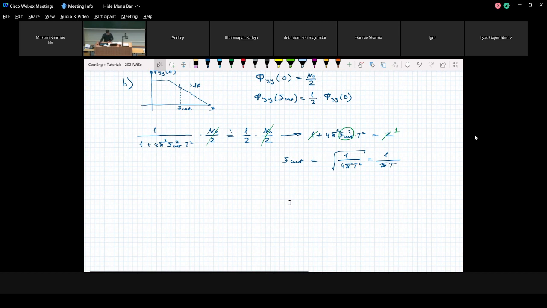And for the next part we need to write the RMS value. Once again, the RMS value we can find as the integral from minus infinity of our signal.